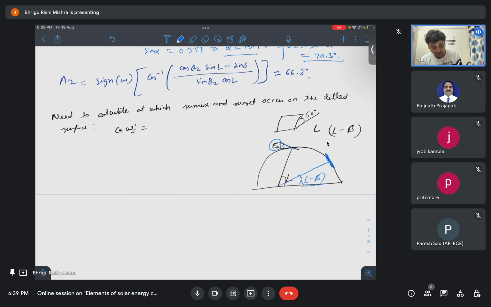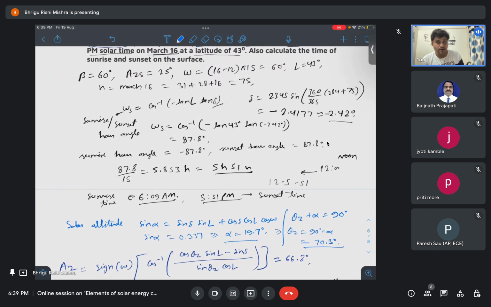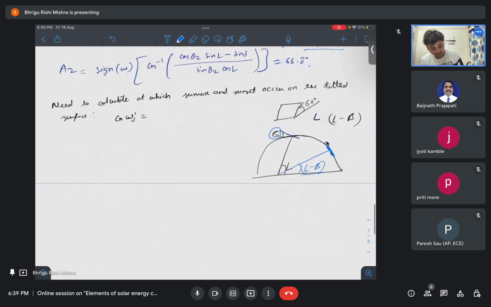So the formula mentioned in the lecture is cos omega s dash, as we calculated earlier for the horizontal surface, equals minus tan L tan delta. So for this case, cos inverse of minus tan of L minus beta and tan delta.